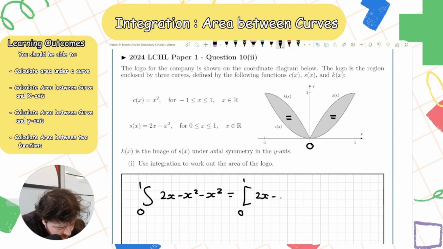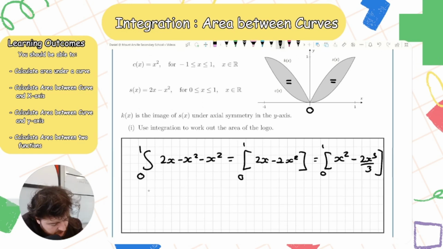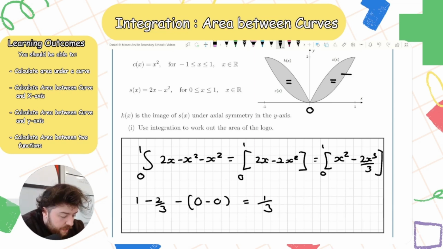So 2x minus 2x squared, which is x squared minus 2x cubed all over 3. Integrate between 1 and 0. That's going to be 1 minus 2/3. Then sub in 0, I'm just going to get 0 minus 0. So my answer is 1/3, but that's just one area here. Therefore, times it by 2. So my answer is 2/3 units squared.